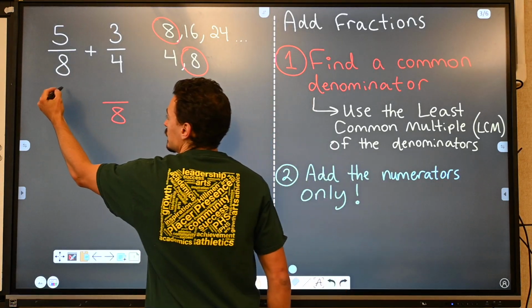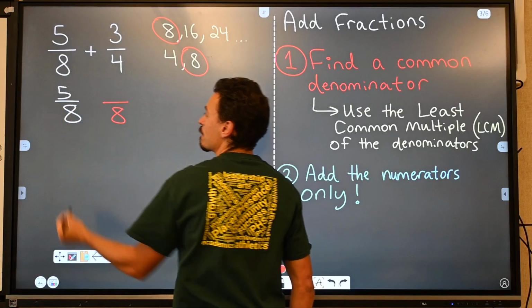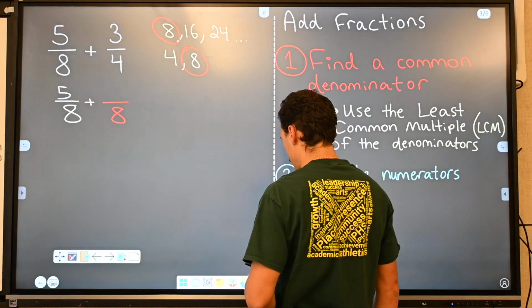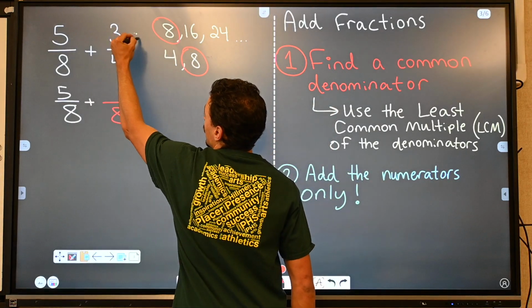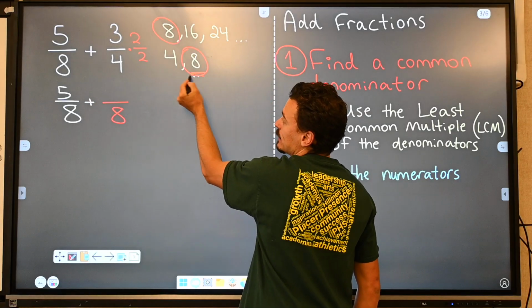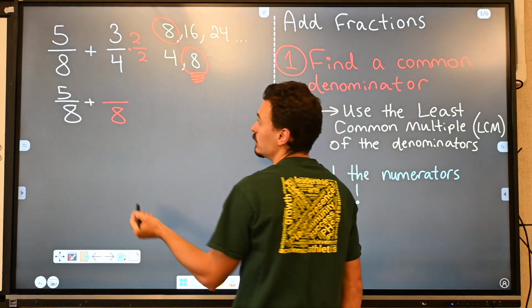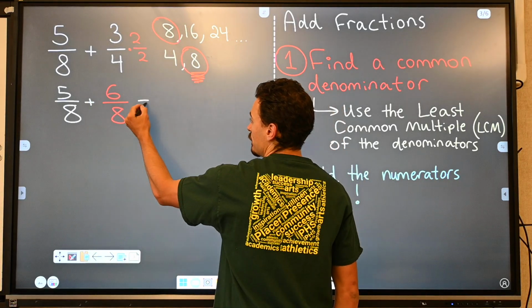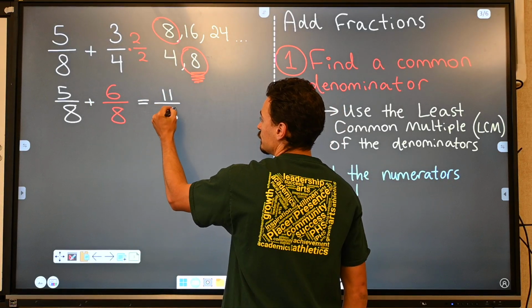This fraction can stay the same. Okay, so we're changing these fourths into eighths by multiplying by 2, because it's the second number in the list of 4s. So now we have 6/8. When we add those up, we get 11/8.